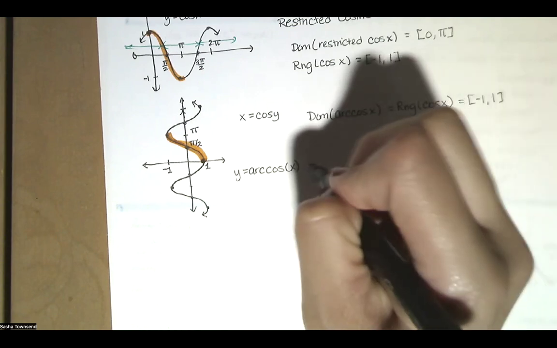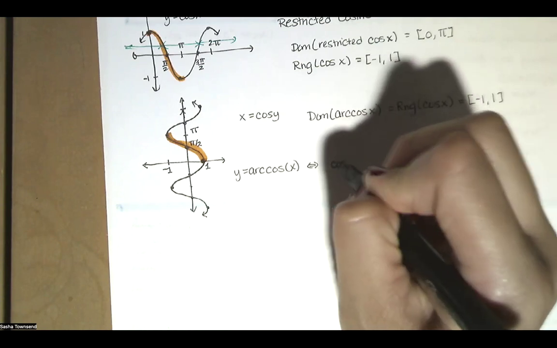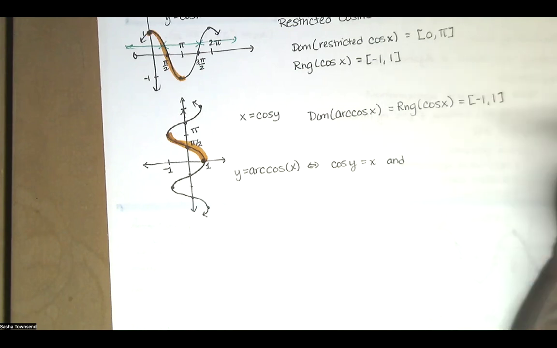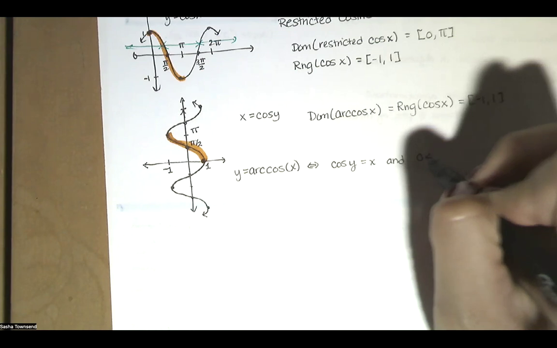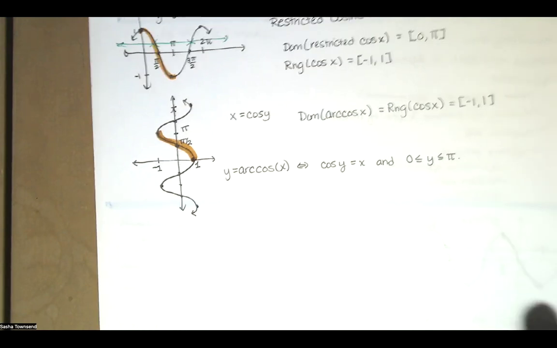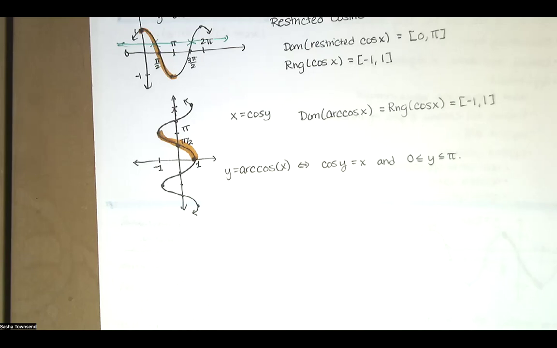So this is equivalent to the following. If I take the cosine of both sides, cosine of y equals x, and y is an angle. Y is between 0 and pi. I know I had theta there on the other one. I actually prefer to use theta.